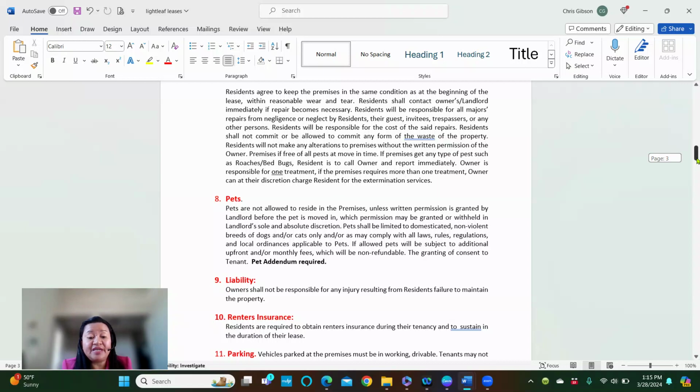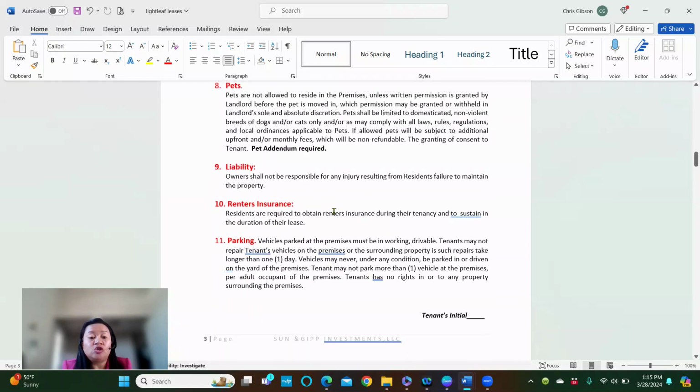The other thing is liability. Owners shall not be responsible for any injury resulting from the resident's failure to maintain the property. Number 10 is renter insurance. Upon signing the lease, we always remind our applicants or residents and require them to have renter insurance, but some of them don't have it.